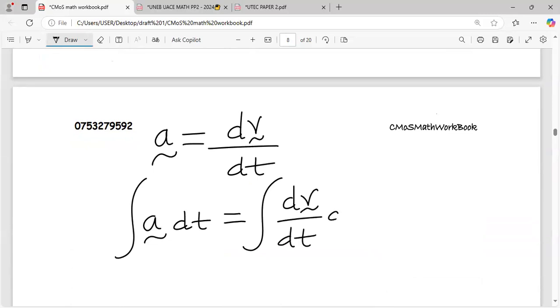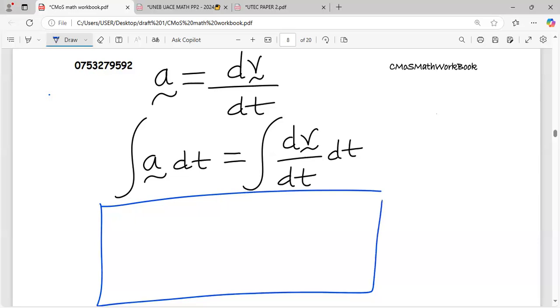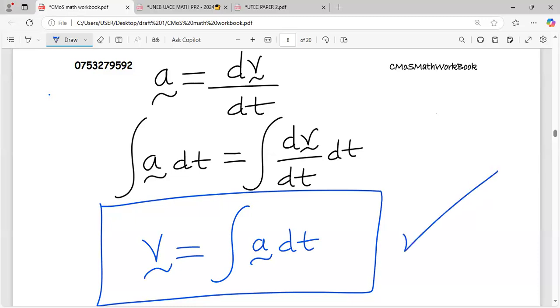Even here, when you bring the integral sign, you have to bring the with respect to. And also from there, a good student of integration can actually tell that velocity v is the integral of acceleration with respect to time.